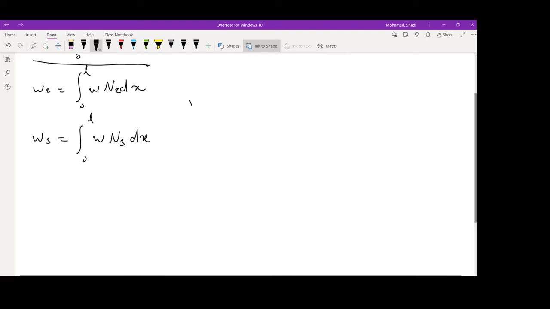The value for the first node should be the integral between 0 and L. I'm going to paste the shape function here and remove this N. So this is the shape function, and the shape function is multiplied with W and integrated over X.